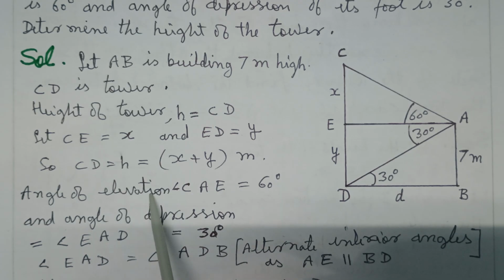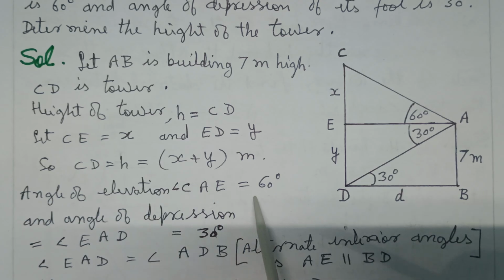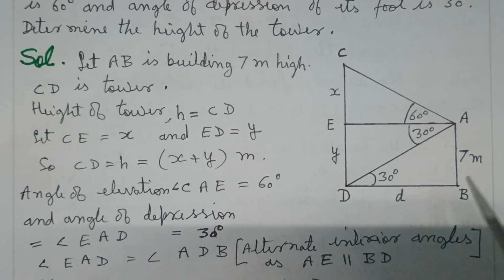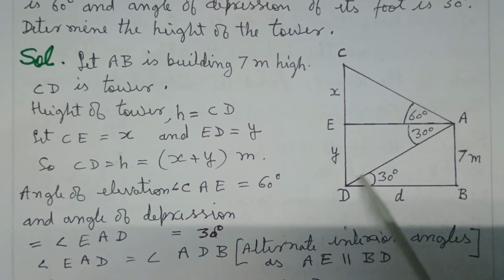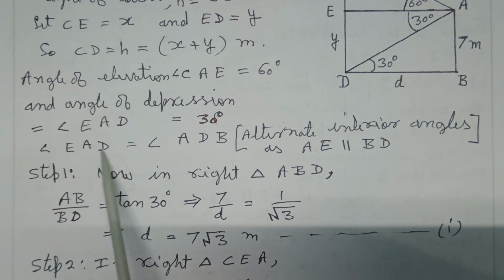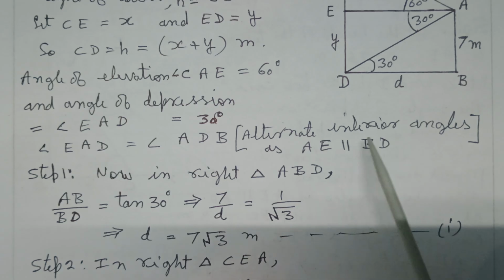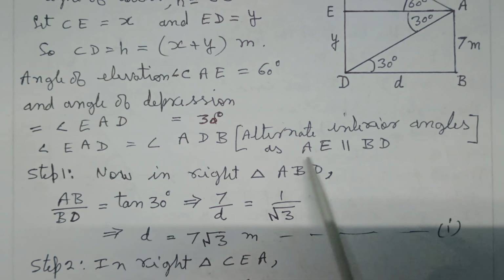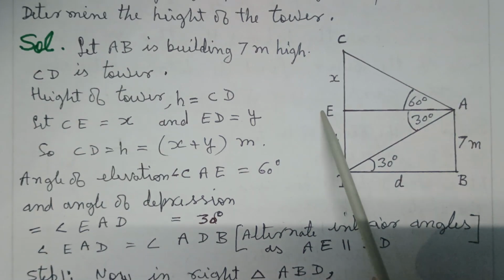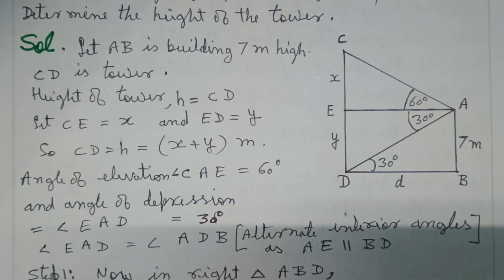Now angle of elevation, angle CAE is 60 degree, and angle of depression, angle EAD, this angle is 30 degree. Now angle EAD is equal to angle ADB, alternate interior angles, as AE is parallel to BD.